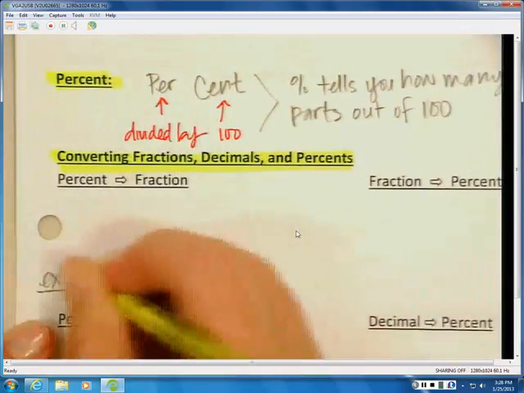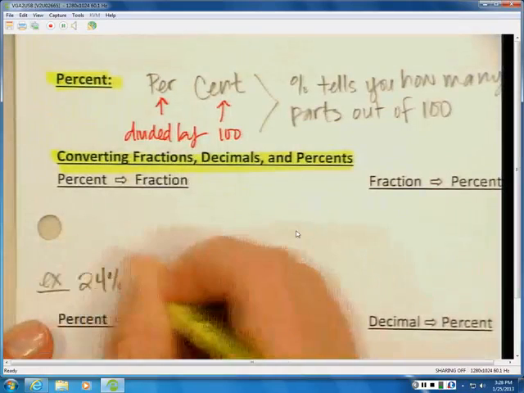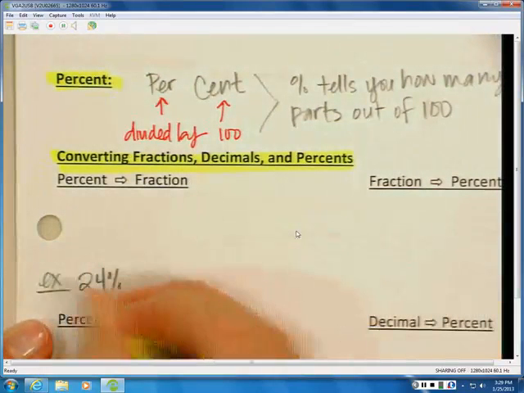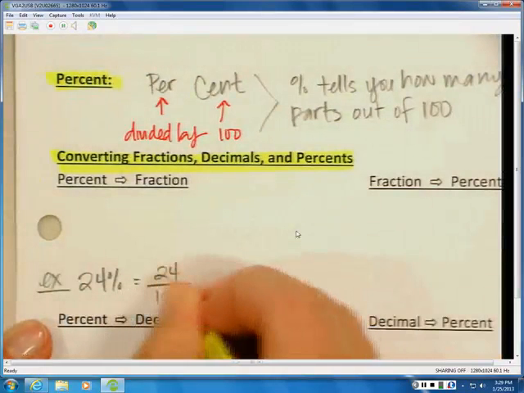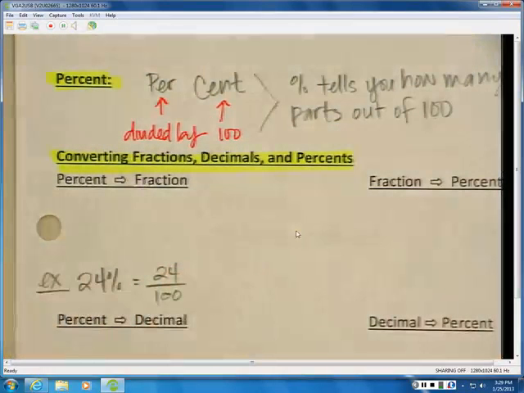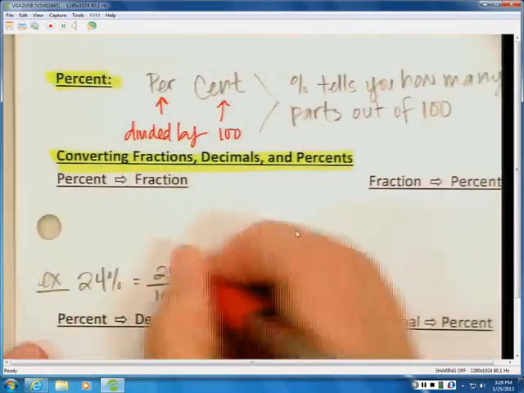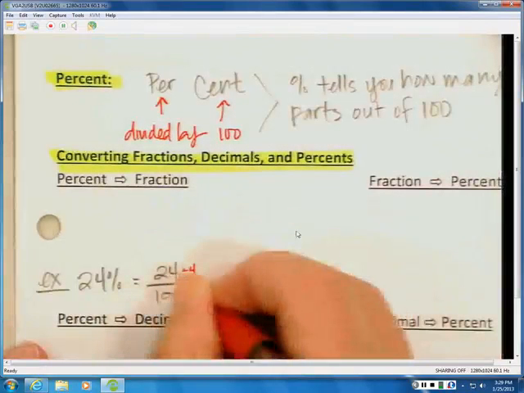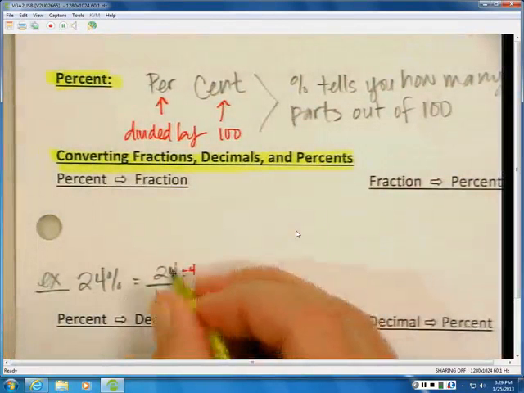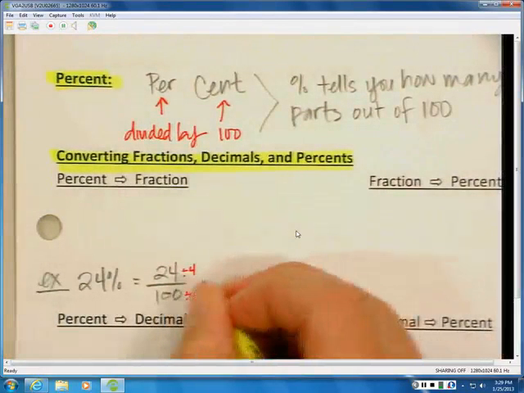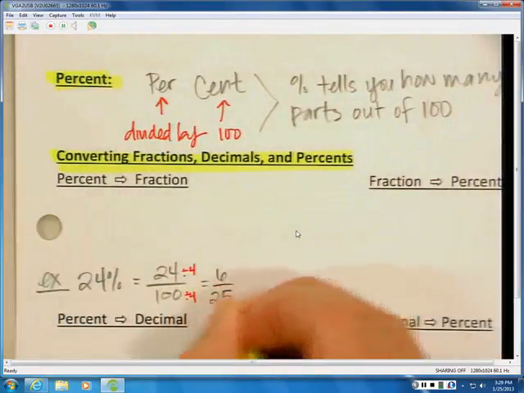If I want to convert 24% into a fraction, I know that 24% means 24 parts out of 100. Now what I can do to this fraction is reduce it. I can divide both the numerator and the denominator by 4. And when I reduce this fraction, 24 out of 100, or 24 divided by 100, I get 6/25.